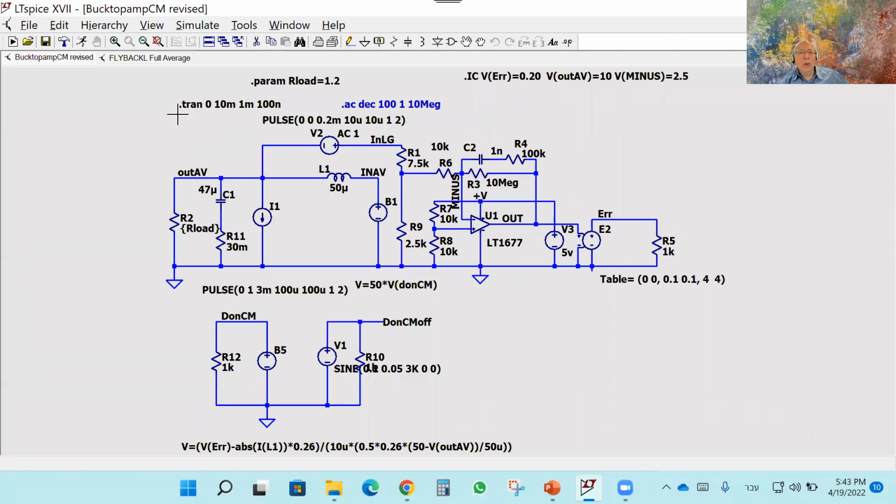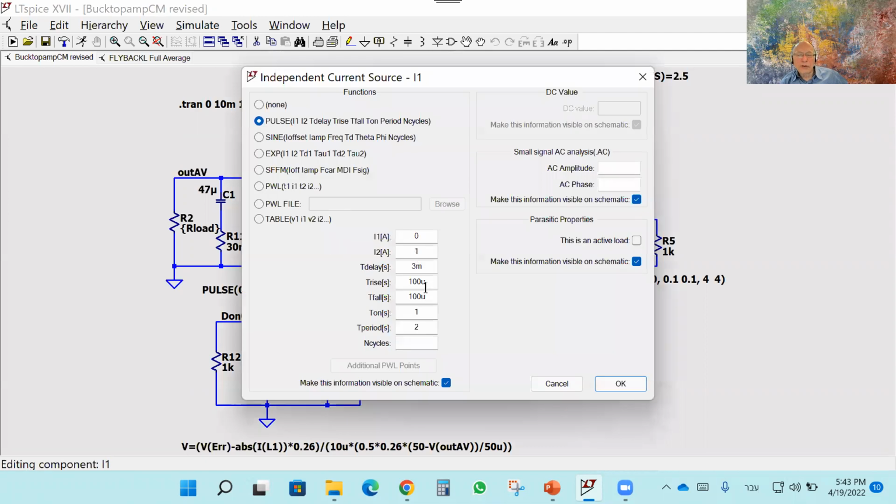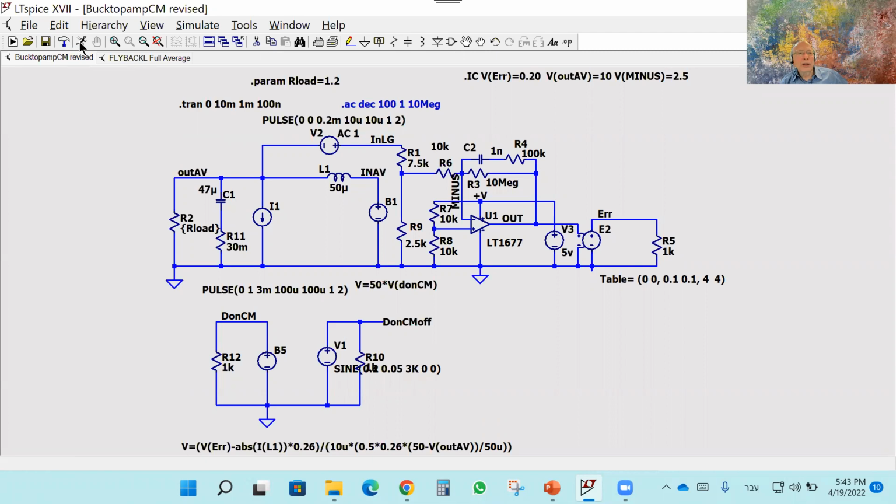Now running. And by the way, I didn't mention it, I've put here a current source of 1 amp. It's a current source of 1 amp that is starting after 3 milliseconds, okay? And so it's sort of loading the unit. So I'm running it.